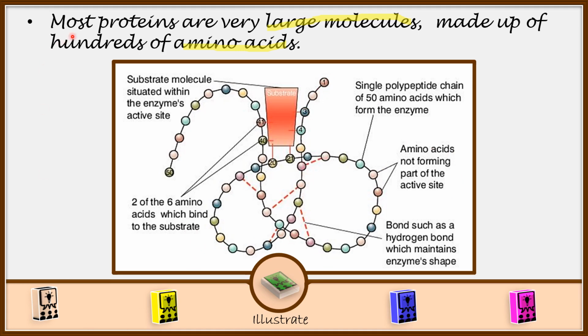So we are saying that most proteins are very large molecules because they are made up of hundreds of amino acids. Here we have our protein, which is an enzyme. It has very many amino acids. All those circles that you see there are amino acids joined together to form a particular large molecule.